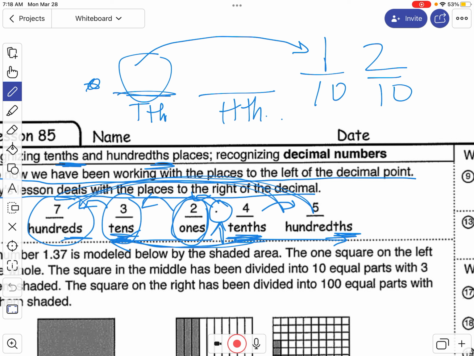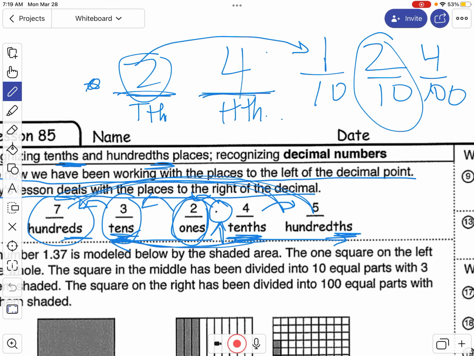So these are all tenths right here. And then these are all hundredths. So that would look like 4 hundredths, right? So if we had a 4 there and say a 2 here, this is 2/10, and this is 4 hundredths.